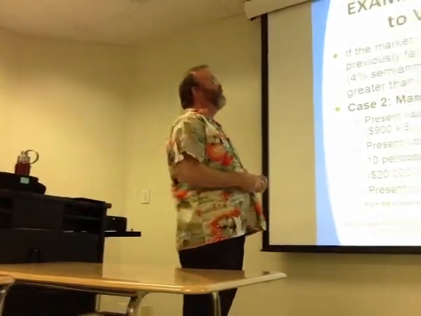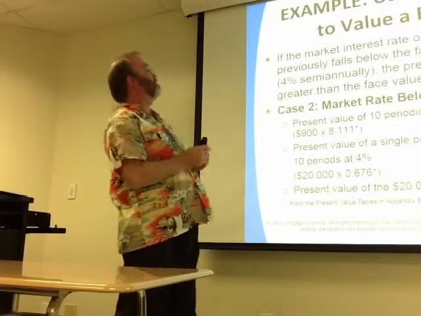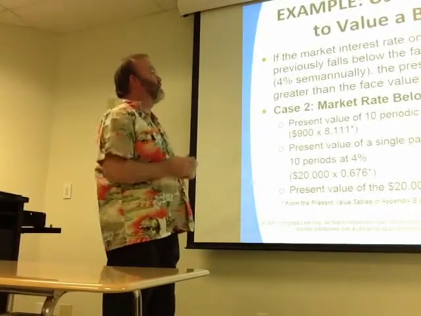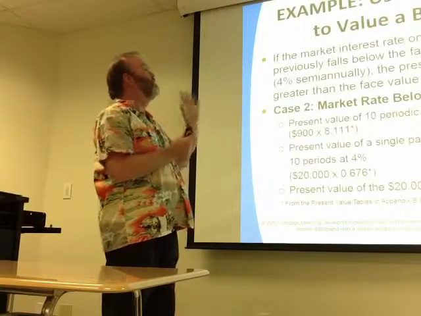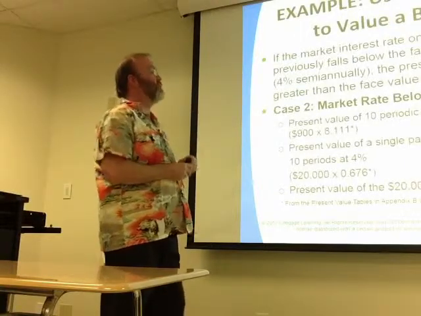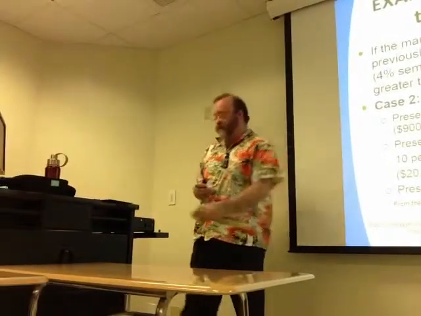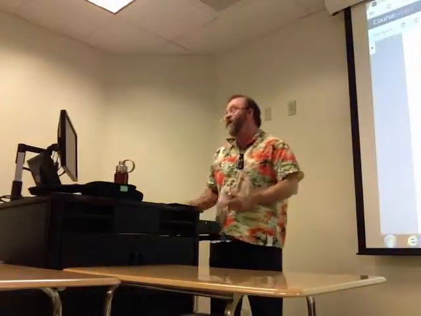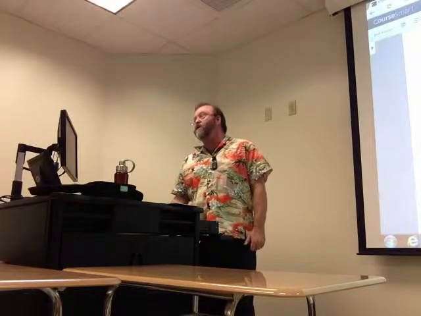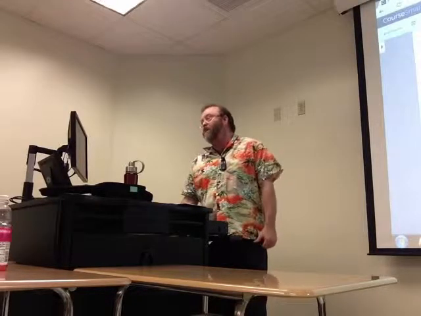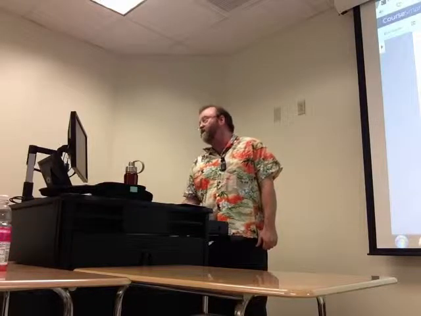What if the market was 8% and you're paying 9? So now you're going to go to the tables, and rather than the 6% column, you're going to look in the 4% column. 4% in table number 1 at row number 10 is 0.676.